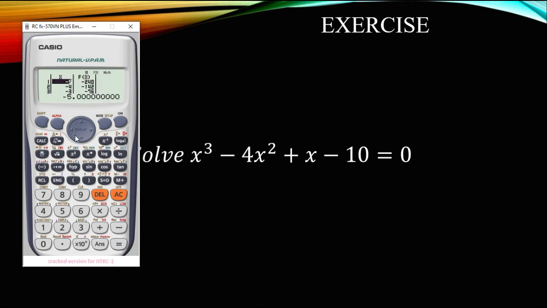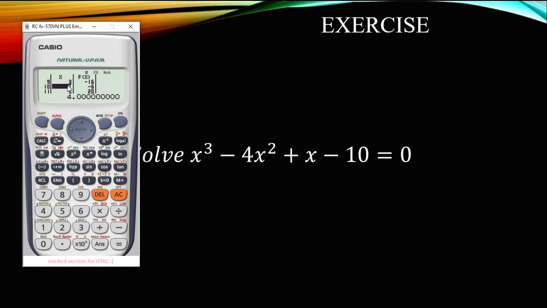So at x is equal to minus 5, the function is minus 240. At x is equal to minus 4, the function is minus 142. At x is equal to minus 3, the function is negative, and so on. So at x is equal to 4, the function is negative, and at x is equal to 5, the function is positive.